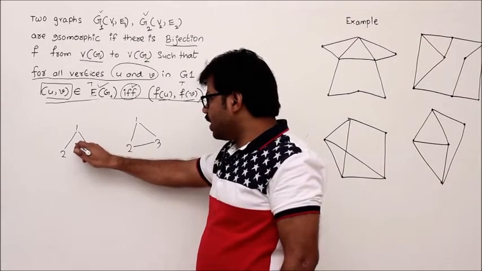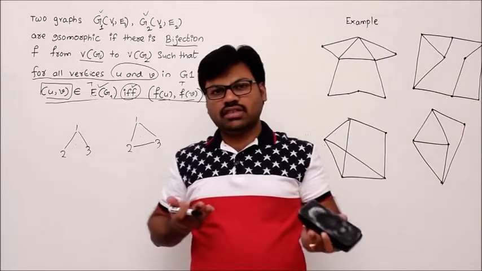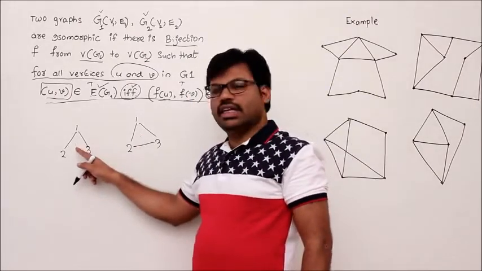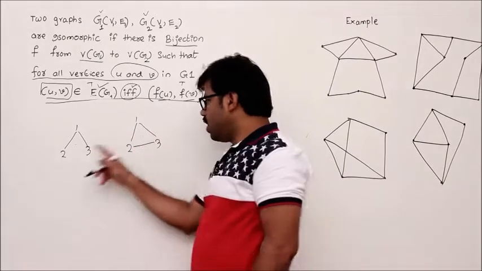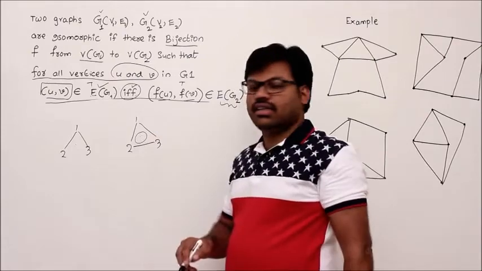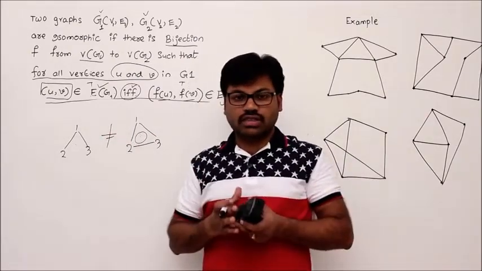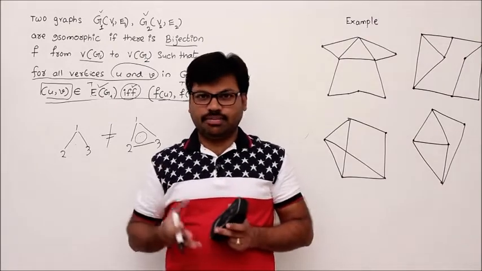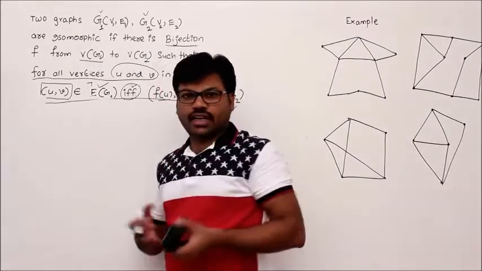If there is no cycle here but here there is a cycle, then how will they be the same structure? Structure-wise they are different. So whatever way you adjust this graph, you never get it back. That means this cycle will decide that these two graphs are not isomorphic. So isomorphic means the structure of the graph should be the same. Understand? In that way, easily we can check whether two graphs are isomorphic or not.